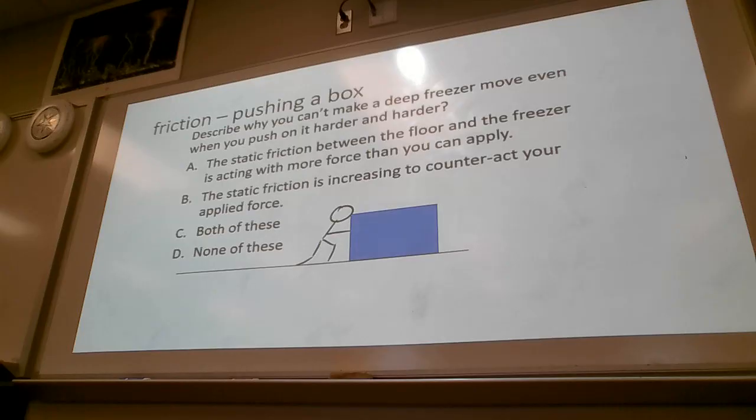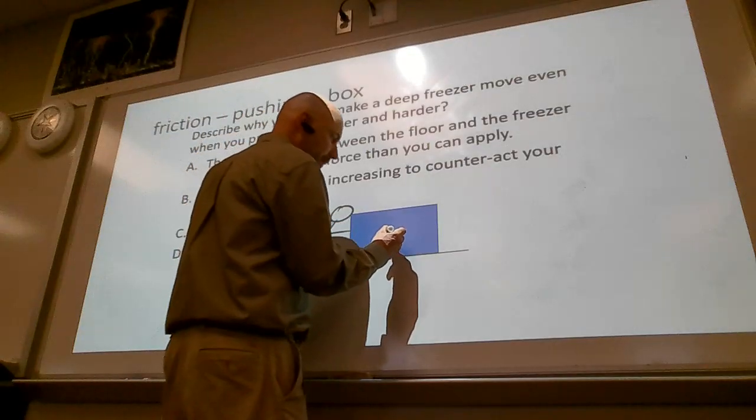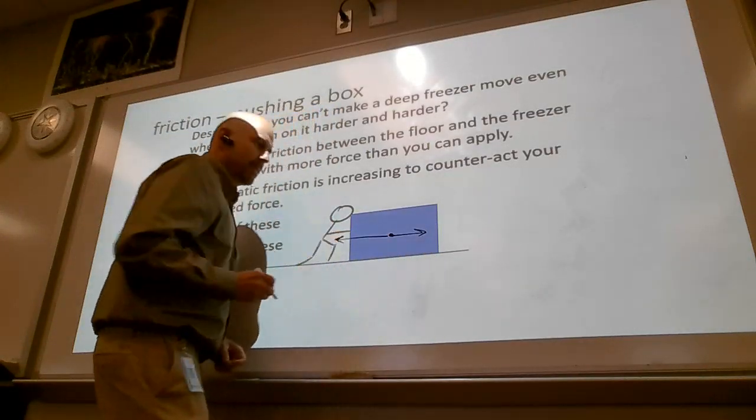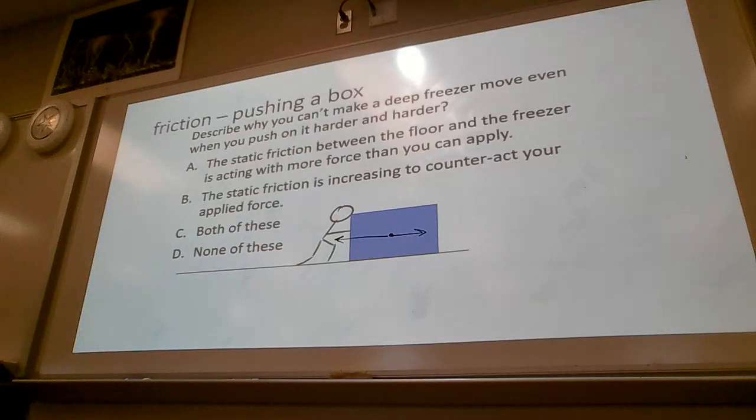Okay, correct answer is only B. A would be correct if it said has the potential or has the ability to exert more force. But it's not exerting more force. If it exerted more force than you pushing, what would happen?